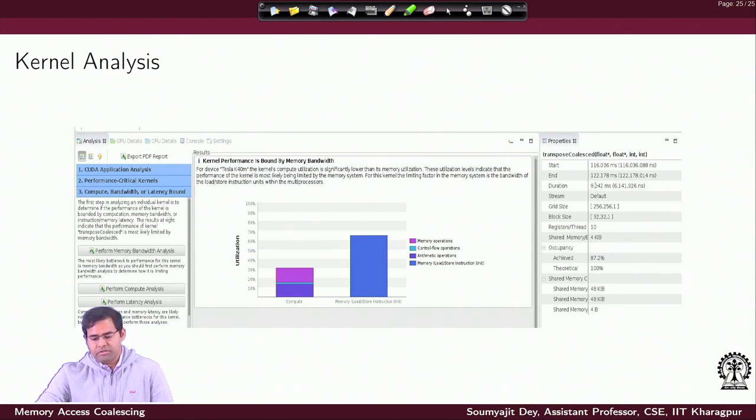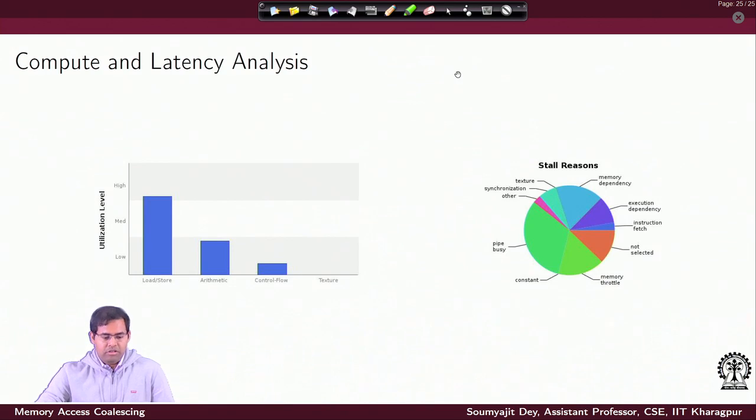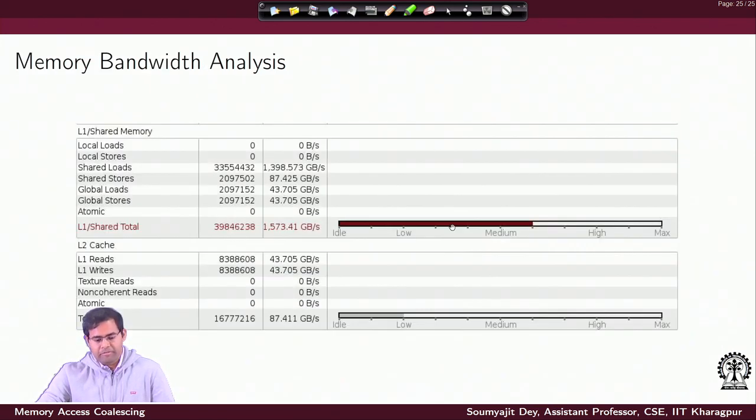And if you go to the latency analysis, you see the amount of memory throttling is less, right, because all your global reads and writes are coalesced, and this is one of the basic reasons for that. And if you look into the memory bandwidth analysis, you see that the number of global loads and stores are all small.